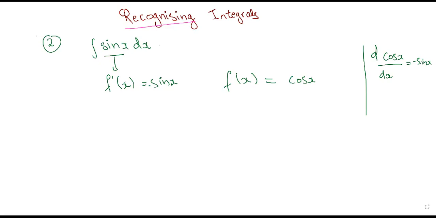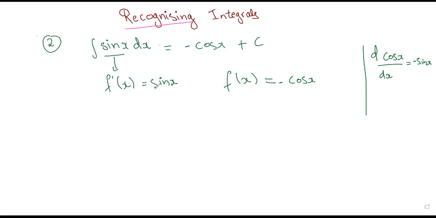But since we do not have a minus sign here, we assume that we had minus cos x, because the derivative of minus cos x is sine x. Do you understand this? Yes. So this is why the integration of sine x, the integration of f dash x, would be minus cos x plus c.